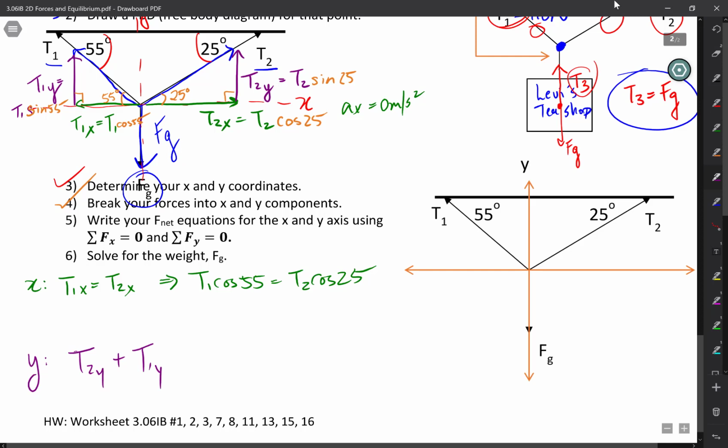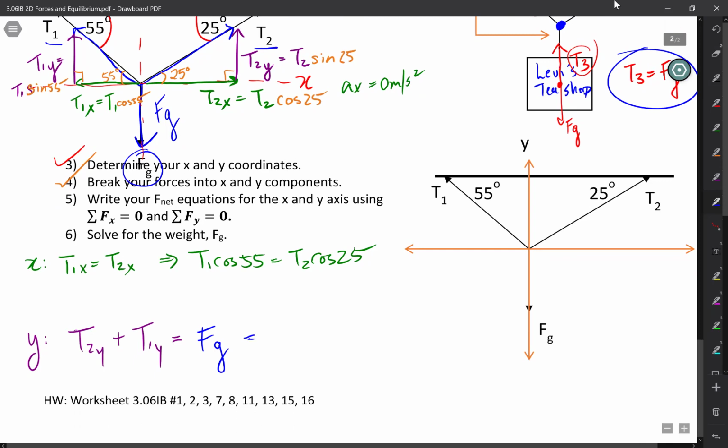This equals my downward force, and the only one I have is Fg, the one that we need to solve for. And if I want to write this out even more, I can write this as T2 sine 25 plus T1 sine 55 equals Fg.